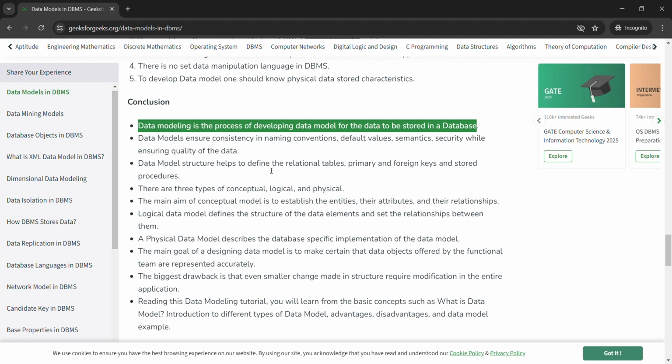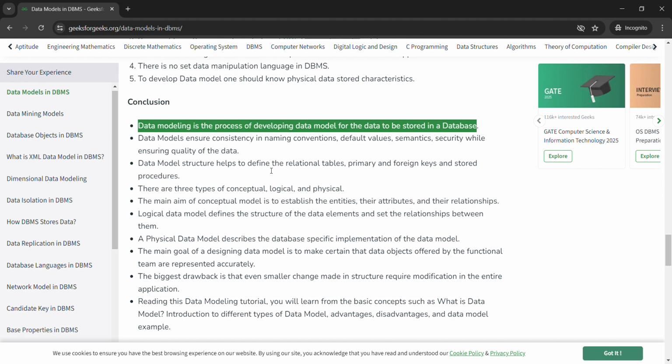There are three types: conceptual, logical, and physical. The main aim of the conceptual model is to establish the entities, their attributes, and the relationships. The logical data model defines the structure of the data elements and sets the relationships between them. A physical data model describes the database specific implementation of a data model.